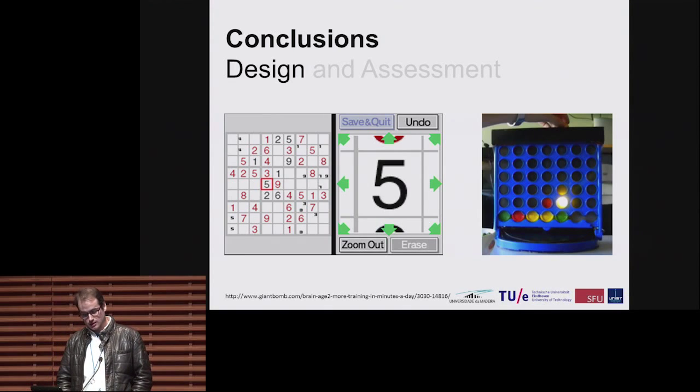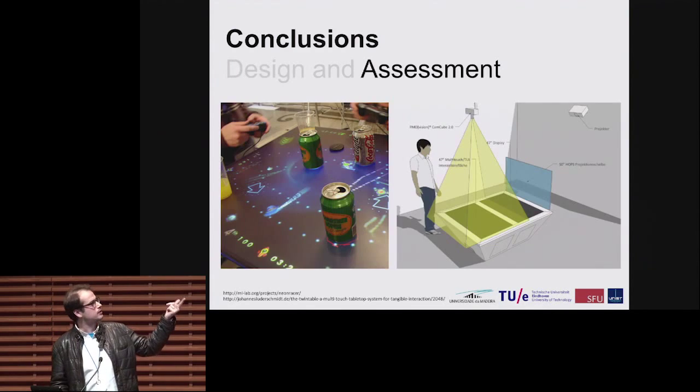So in terms of design, I myself presented this work at TEI 2 years ago, in which the tangible system implicitly supported epistemic actions. As the user would hover the disk above the Connect 4, you would get a sense of the future state of the board before dropping the coin. And we have a more common example with Sudoku. I think this is from the Nintendo 3DS, yes?